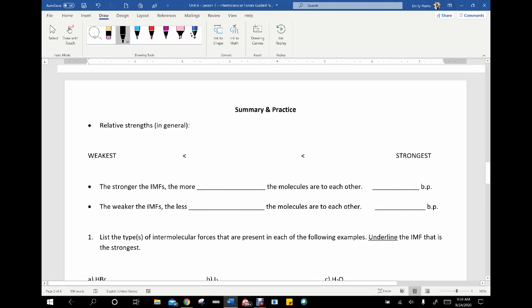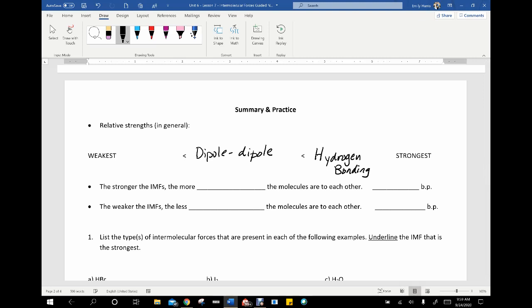Our three types of forces from strongest to weakest are hydrogen bonding, then the medium strength force, dipole-dipole forces, and then finally, the weakest forces are London dispersion forces, also abbreviated LDFs.